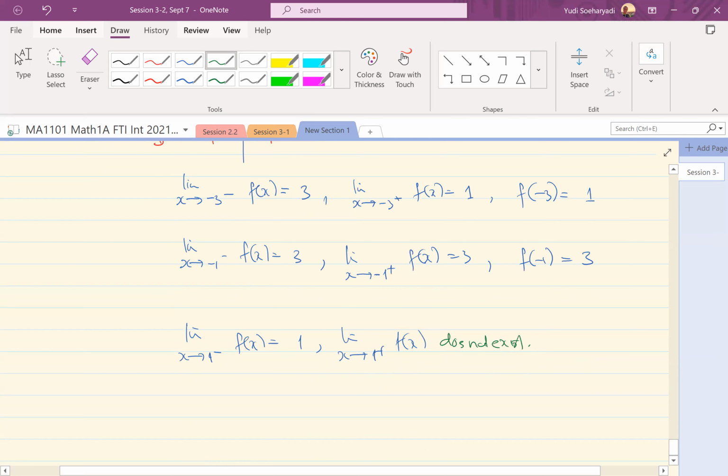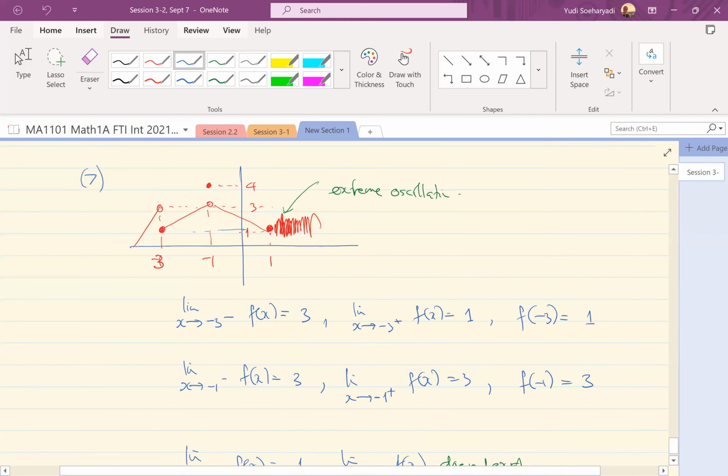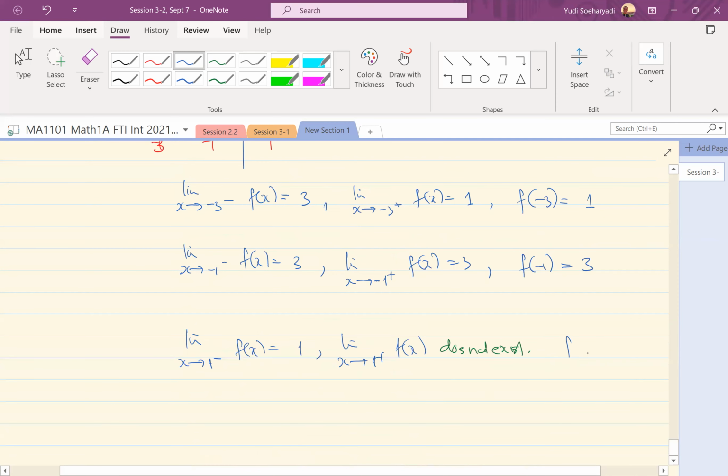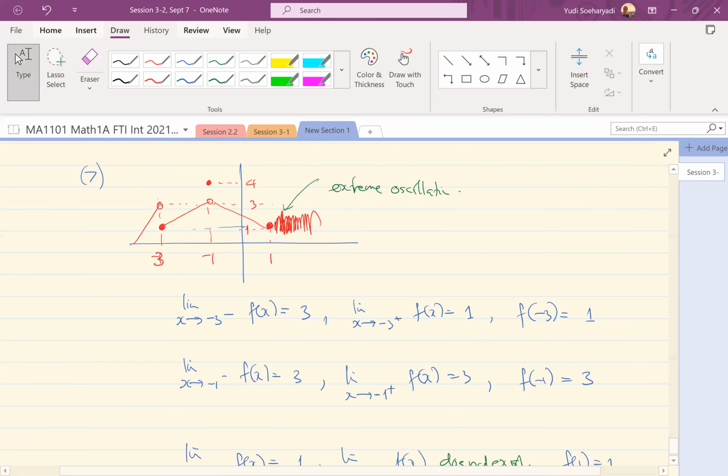Okay, while f(1) itself is just defined here, is a value 1. Okay, so what can we say about this is, well, the one-sided limit exists, but from here we know that actually this does not exist.